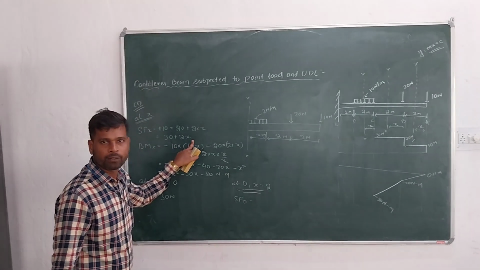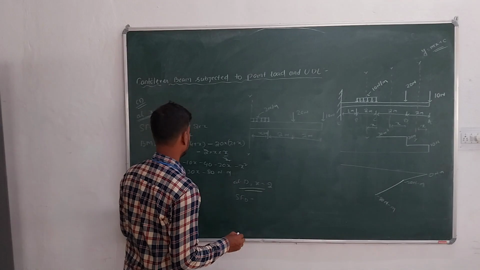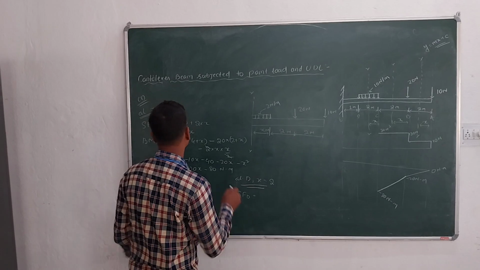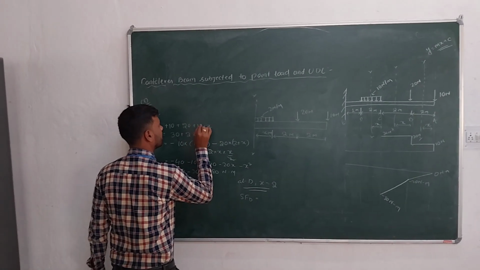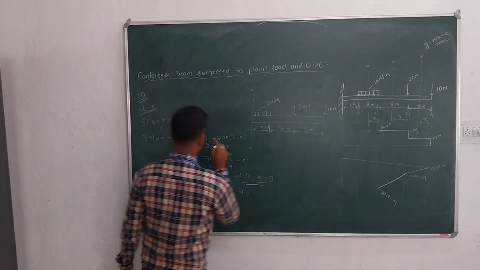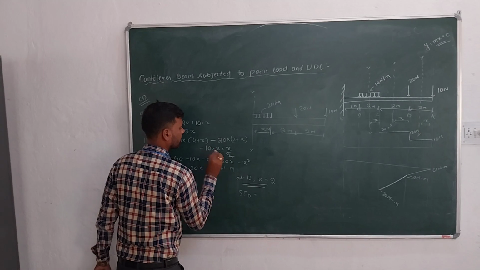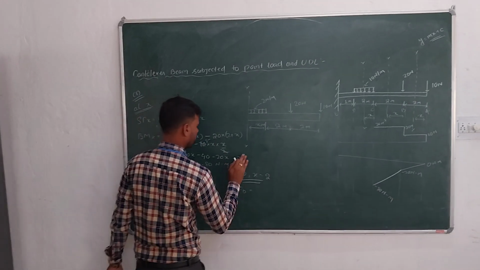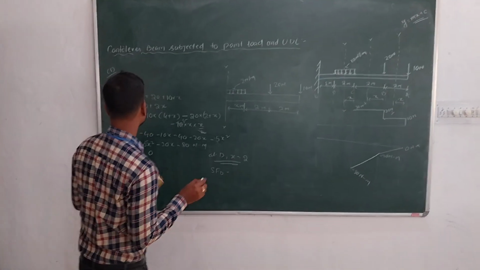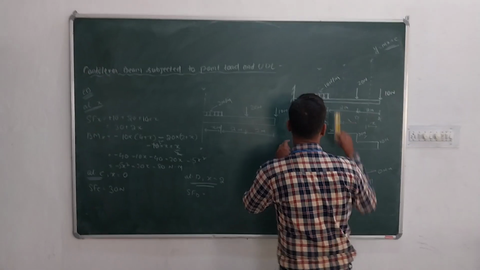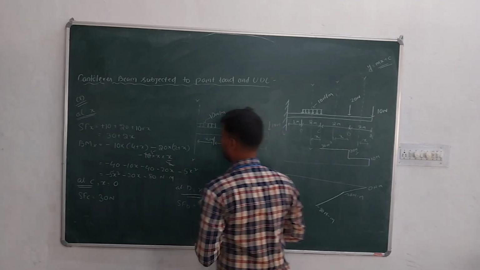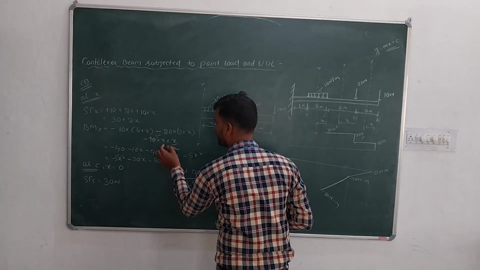Here this load is 10 Newton per meter, so 10x, and the moment is 10 into x by 2, that is minus 5x square.